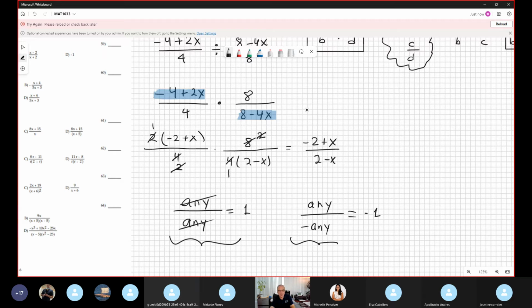In the expression at the top, you see -2 plus x. And the expression at the bottom, I see 2 minus x. Do you see these expressions have completely opposite signs? Yes. The answer is -1 in this story. It should be the same number.